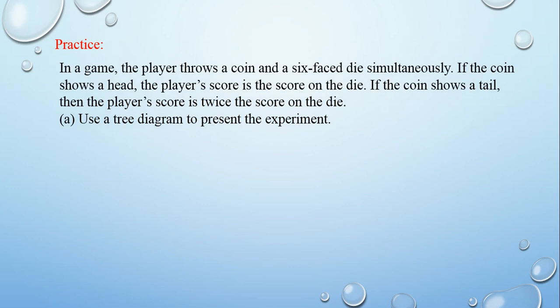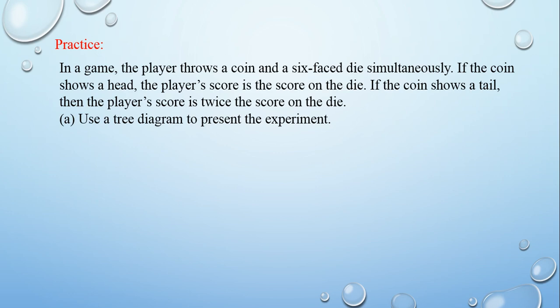Okay, so it's time for you to practice by doing the exercise. In a game, the player threw a coin and a 6-faced die simultaneously. If the coin shows a head, the player's score is the score on the die. If the coin shows a tail, then the player's score is twice the score on the die.